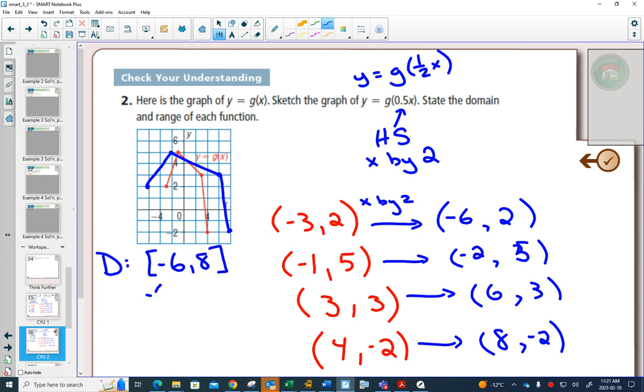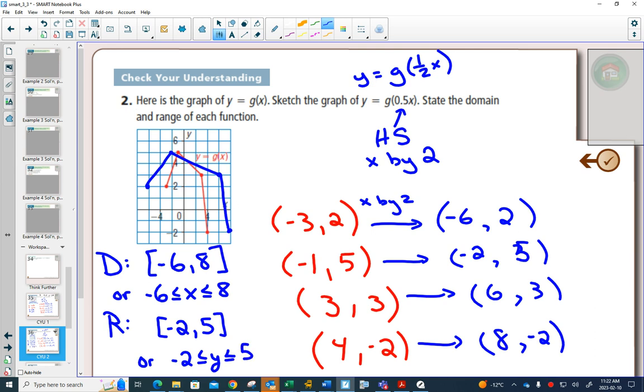If you wrote this in set notation, your x would be between -6 and 8. The range for the blue one, smallest y value, -2. Biggest y value, 5. In set notation, it would be between -2 and 5.